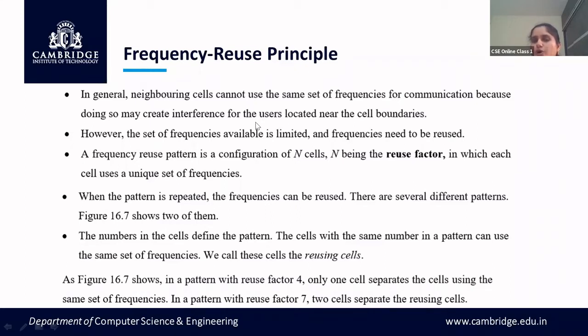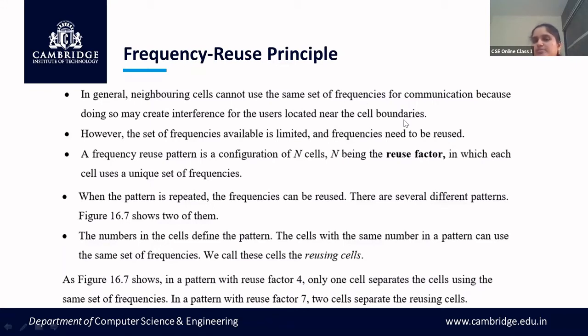So in order to avoid this noise or interference between the boundaries, if I have two cells adjacent to each other, those two cells should not use the same frequency for their communication. Later on, after a one cell gap or a two cell gap, you can reuse the same frequency.